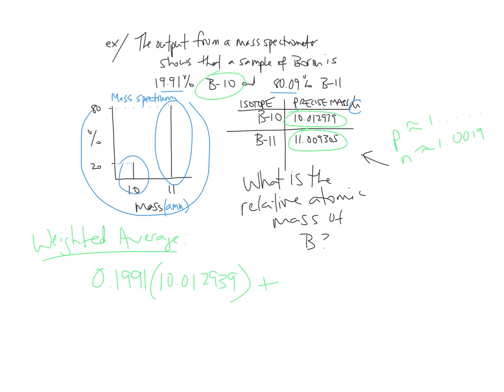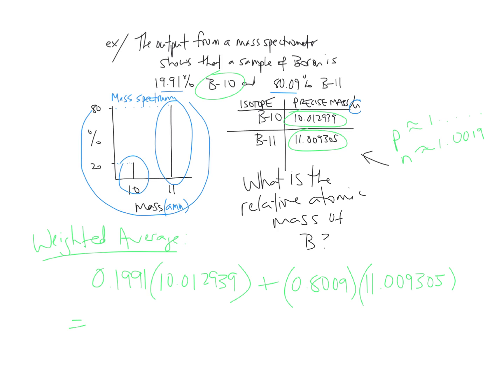Then we're going to add to that the proportion that's boron-11, which is most of it. That's the 80.09% written as a decimal, and then the proper mass of that, which is that ugly thing up there. So if we do this, we should get the proper relative atomic mass of boron.